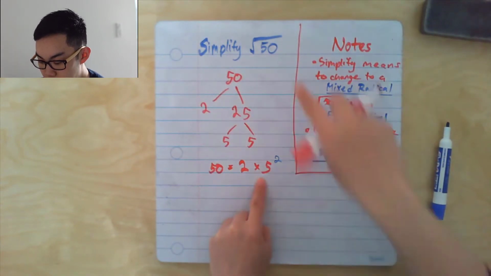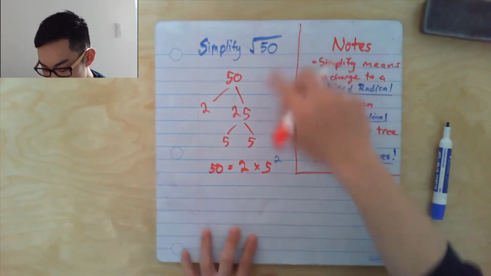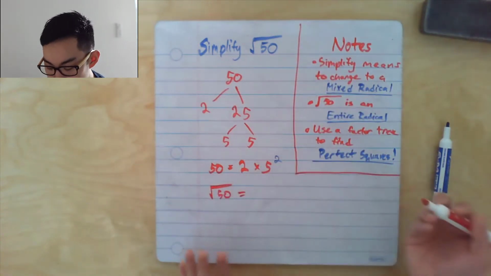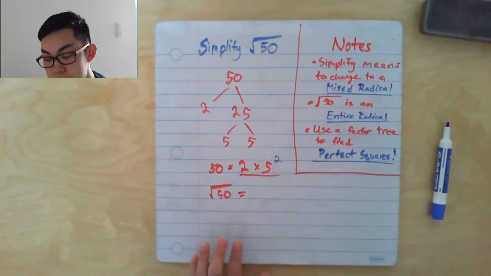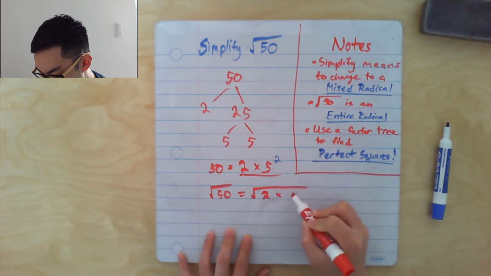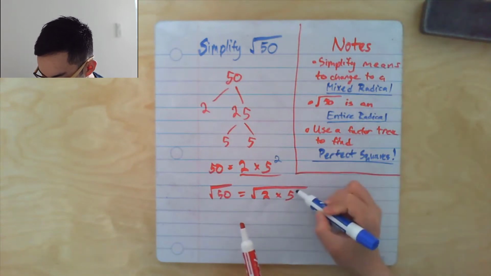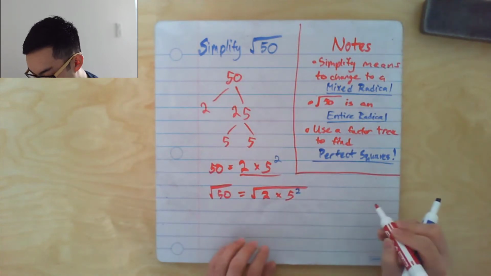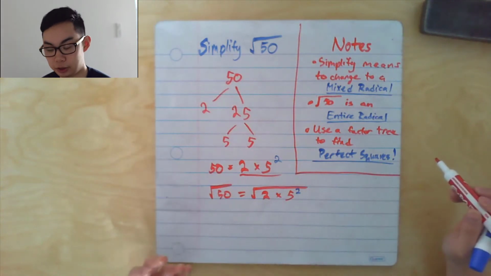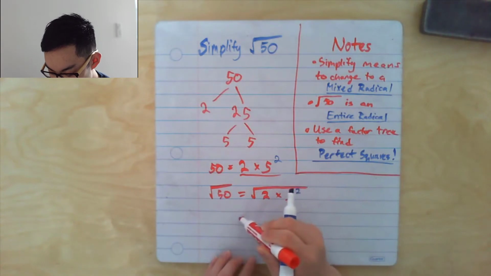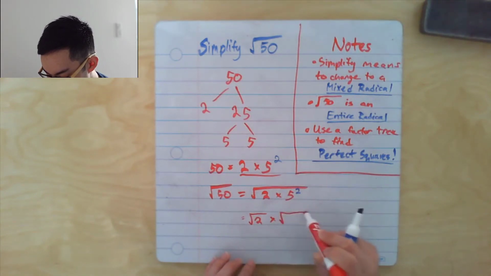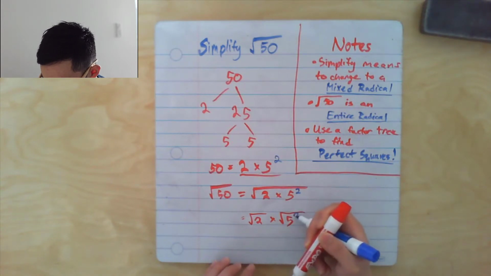All right. Because I'm looking for the square root of 50, I'm going to have the square root of 50. Well, what's 50? I just found it was this number right here. 50 is going to be 2 times 5 squared. I can split up the radical into the square root of 2 times the square root of 5 squared.